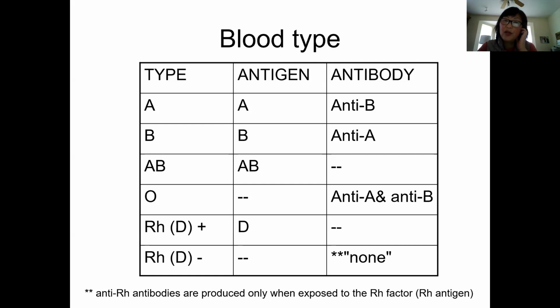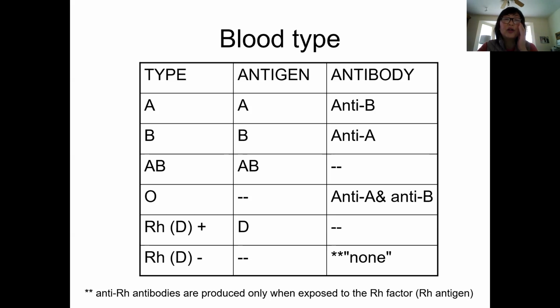For example, if you have a flu, so you are exposed to certain viruses, then your immune system will start to produce antibodies against this specific antigen.